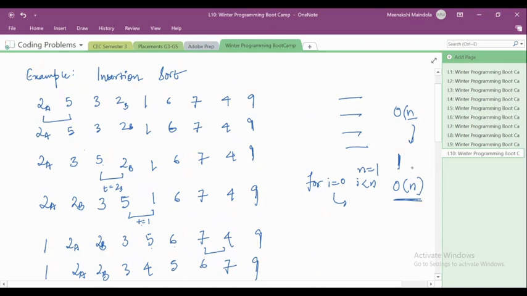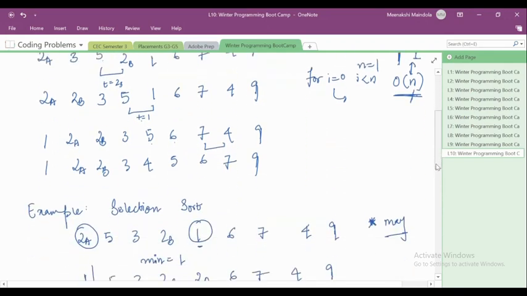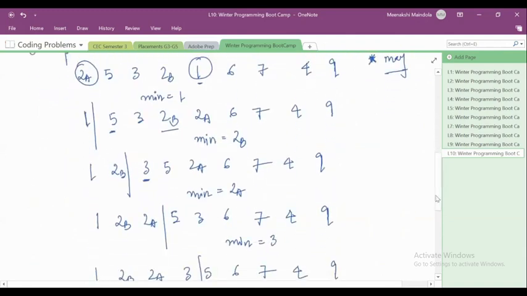What is the problem in placing this value of n as 1? It can take up the value 1, it can take up the value 10,000, 40,000, 50,000, whatever, but it is going to remain order of n. The value of n is something that is going to change.